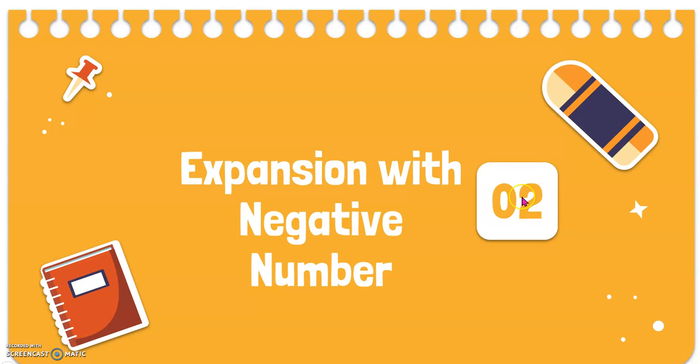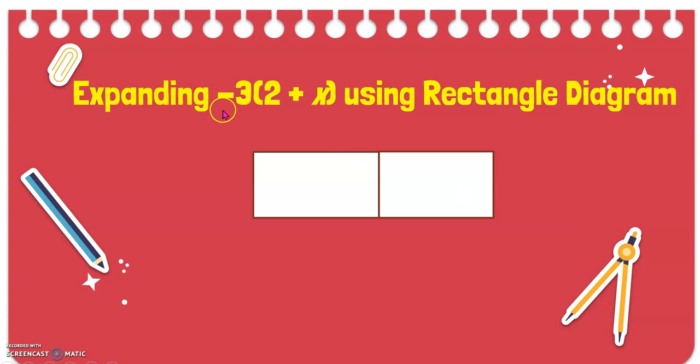Alright, so let's try and see how we can expand with a negative number in front. So for this one here, we have negative 3 bracket 2 plus x. So we're going to use the rectangle diagram method. So same thing, the 2 goes first, and then plus x comes in here. Negative 3 will be outside here.